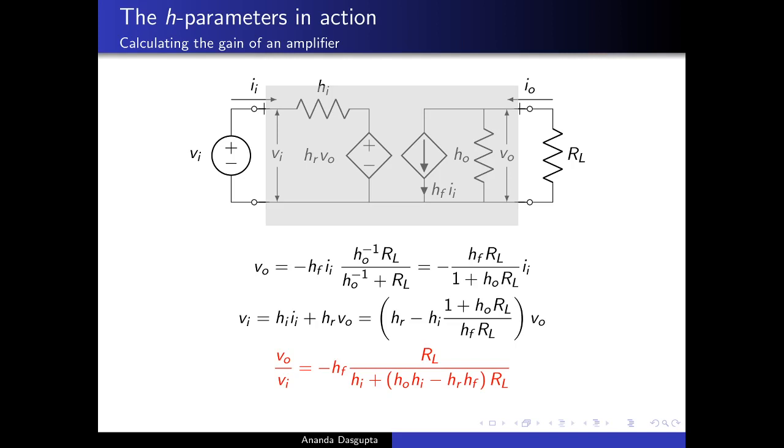But in such situations, what often happens is HF and HI are substantial, but HO and HR are very, very tiny. If that happens, you get a much simpler expression, because this whole big thing down here just drops off and you end up with this approximate expression, minus HF into RL by HI, which ultimately is a very simple formula for the voltage gain of a transistor circuit.